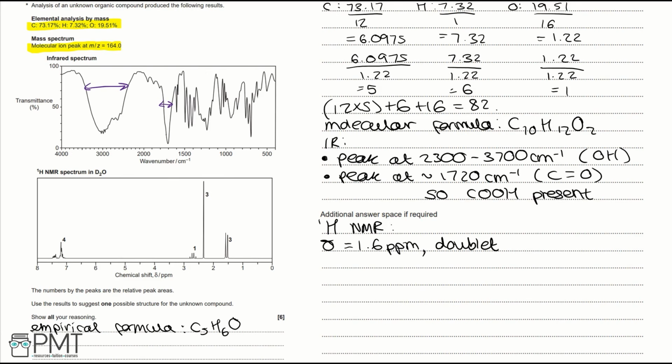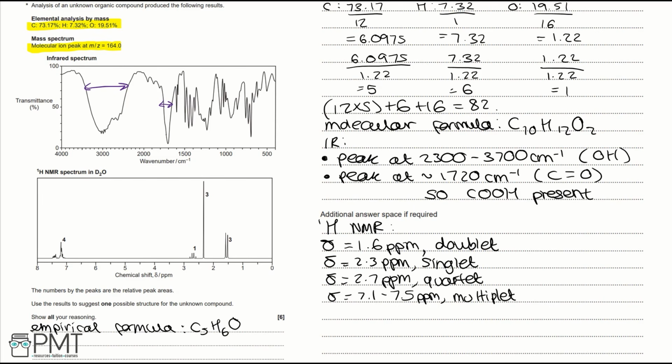Our second peak is at 2.3 ppm, and its splitting pattern is a singlet. Then our third environment or peak is at 2.7 ppm, and its splitting pattern is a quartet. Finally, our fourth peak is at between 7.1 and 7.5 ppm, and it has a multiplet splitting pattern for this final peak.